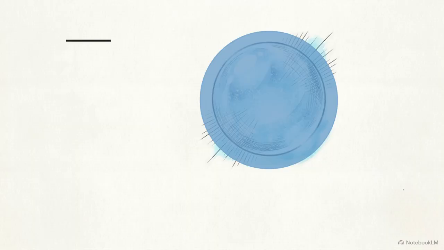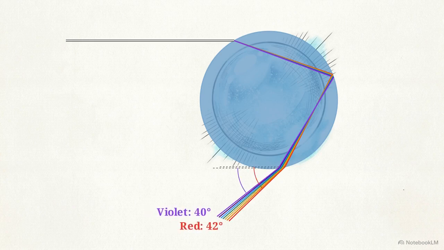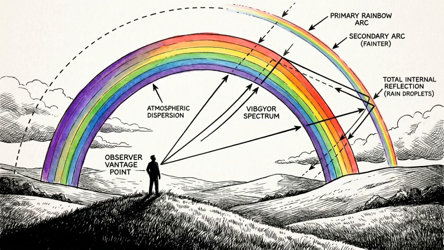Sunlight entering a raindrop refracts and splits into colors. Hitting the back of the droplet beyond the critical angle causes total internal reflection. Exiting, the light refracts again, emerging at highly specific angles, 42 degrees for red, 40 degrees for violet. A rainbow is a geometric optical phenomenon, requiring millions of droplets perfectly aligned with the observer's vantage point.